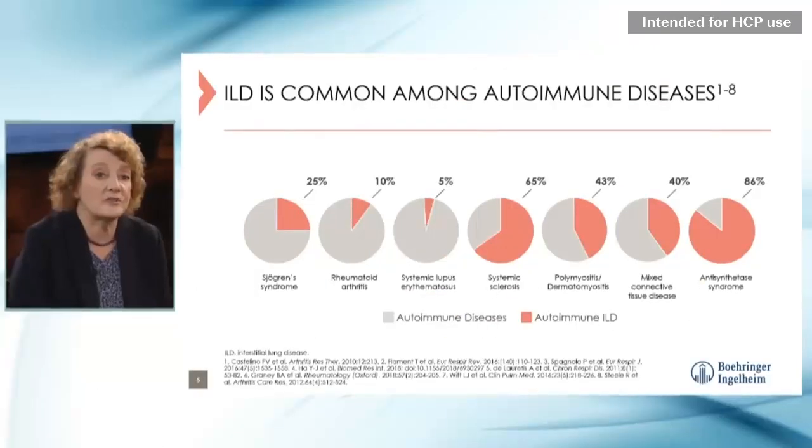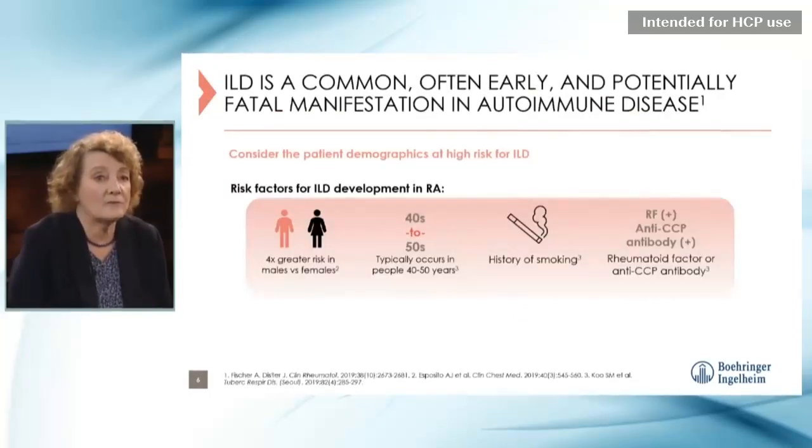Certainly, Sjogren's and rheumatoid arthritis are much more common, and so even though significant ILD is much less frequent in those diseases, because the disease is so common, you're more likely to see significant disease. So we're going to talk today particularly about rheumatoid arthritis and systemic sclerosis.